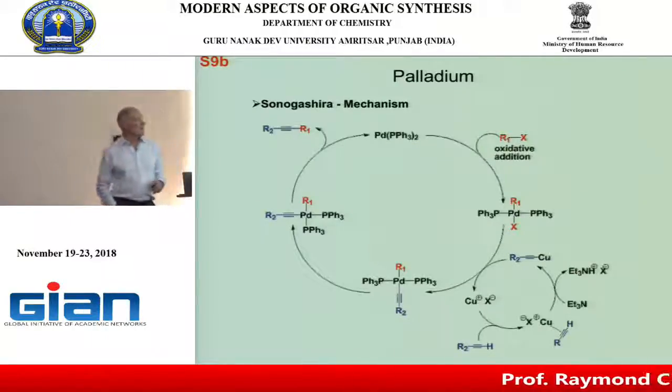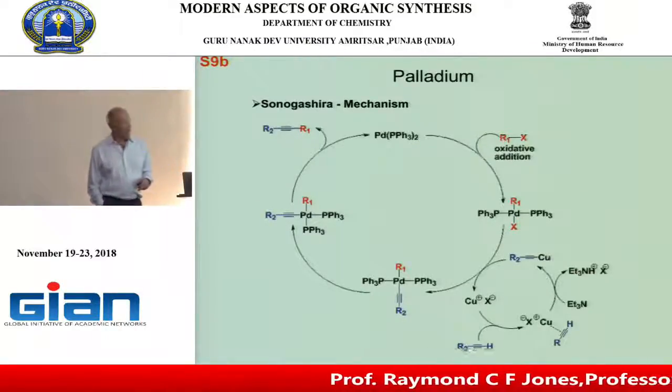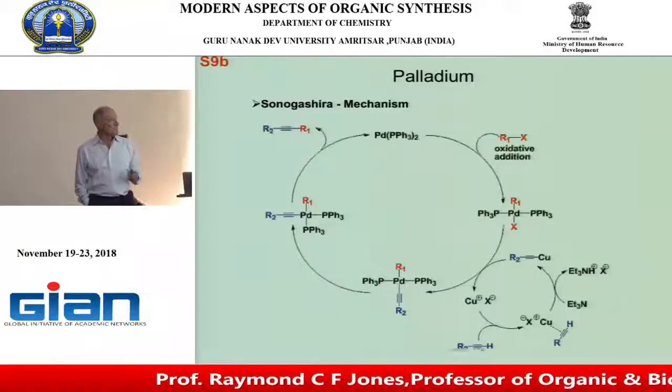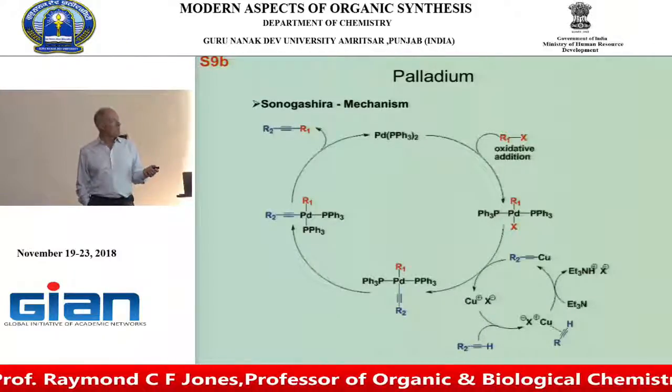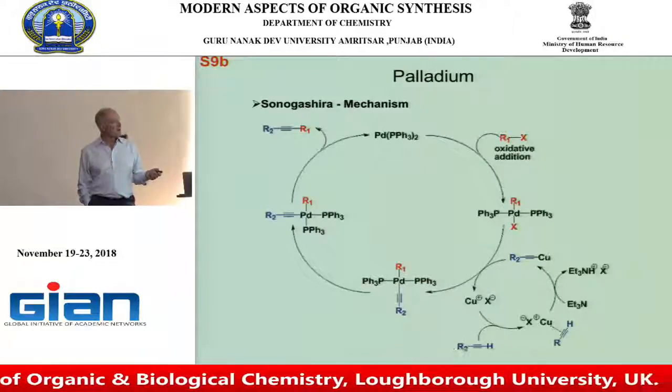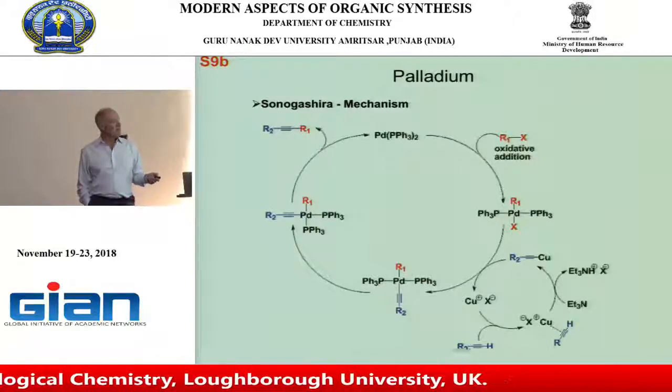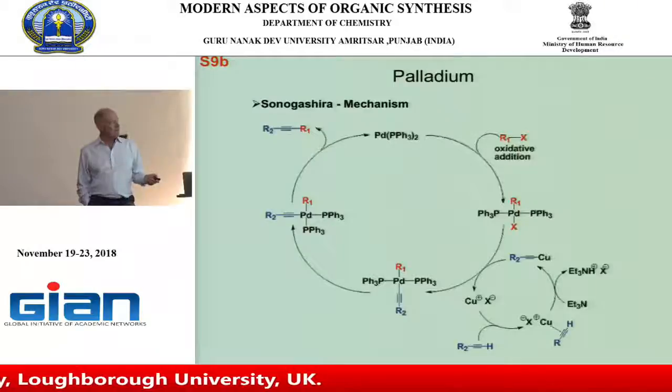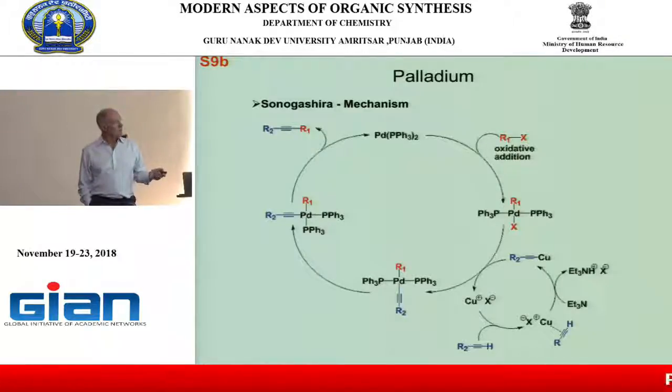So what's the mechanism here? What's the additional bit from the copper? So palladium 0 complex again, oxidative addition, should be familiar with this by now, believed again to be a 14 electron complex.